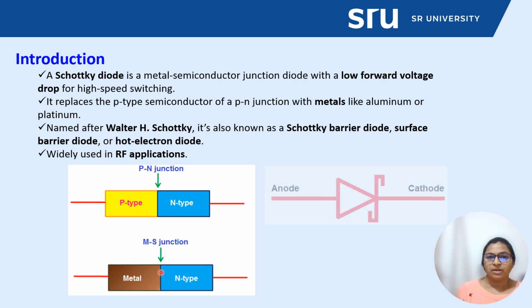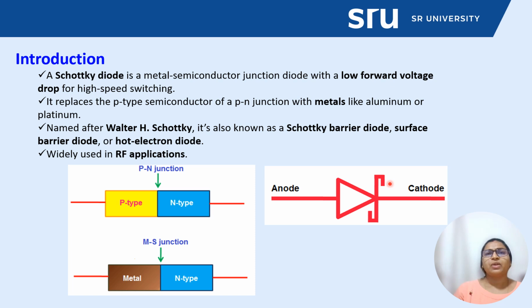This is the typical symbol of this diode. You can see that the line is a bit different from the normal PN junction diode.